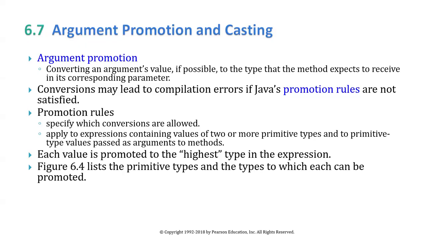The promotion rules specify which conversions are allowed and apply to expressions containing values of two or more primitive types and to primitive type values passed as arguments to methods. And each value is promoted to the highest type in the expression.